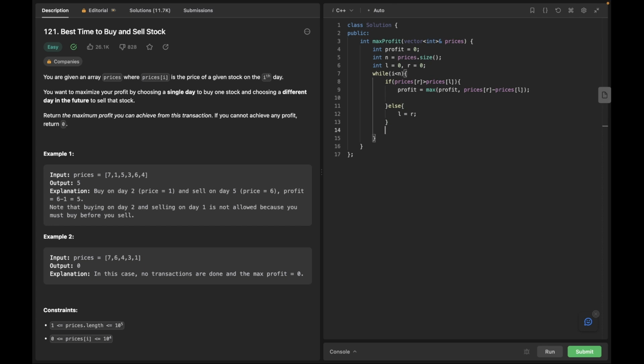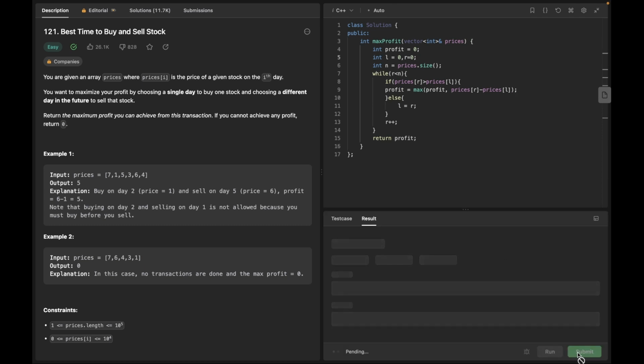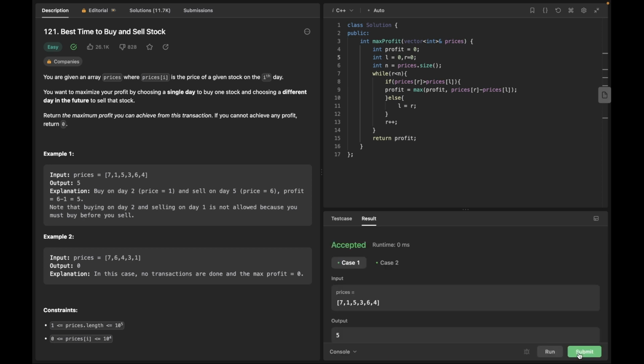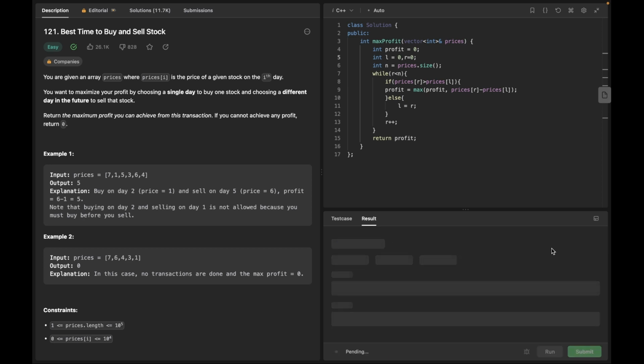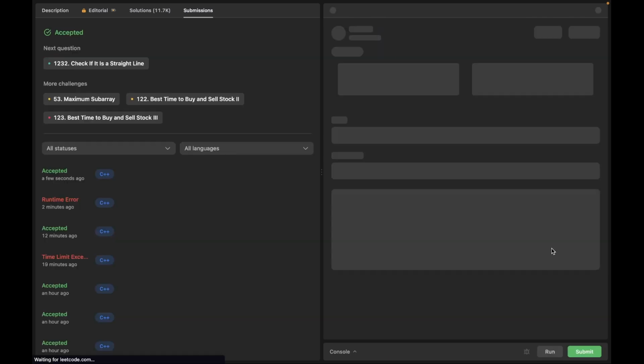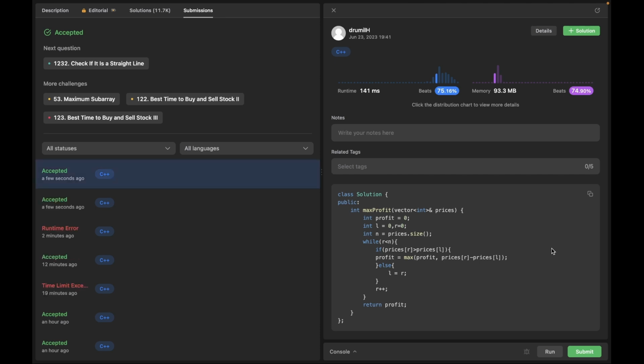And in each case we would want the right pointer to go ahead. Let's try and submit the solution. So this is a valid solution. Let's try to find out its time complexity.